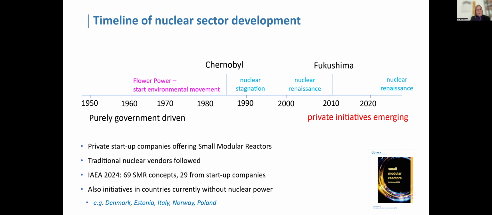And according to the IAEA, International Atomic Energy Agency, in their catalog of last year, 2024, there are 69 SMR concepts, of which 29 are from startup companies. And the others are from either traditional nuclear industries or also university or research institutes. There are also initiatives in countries currently without nuclear power, like Denmark, Estonia, Italy, Norway, Poland. There's even a startup in Austria I forgot to mention. Next slide, please.